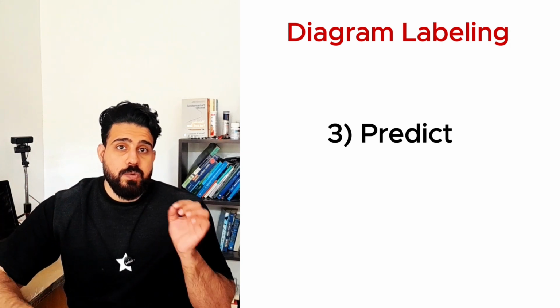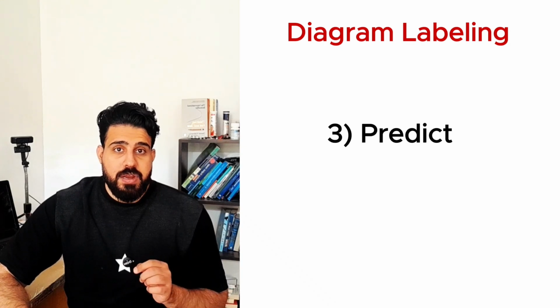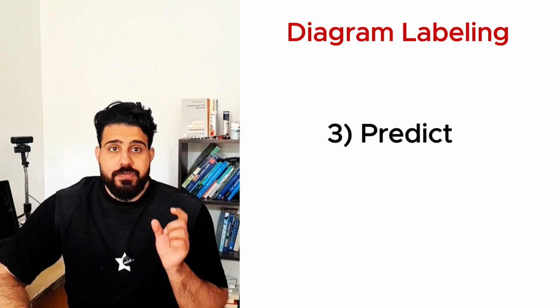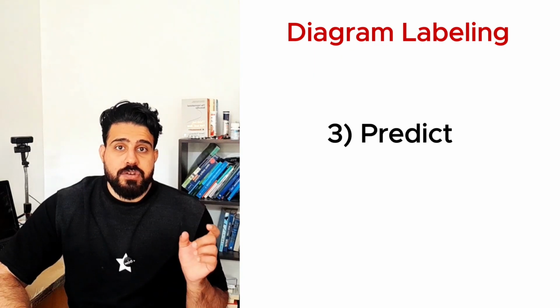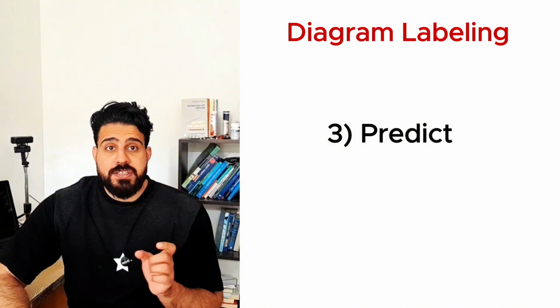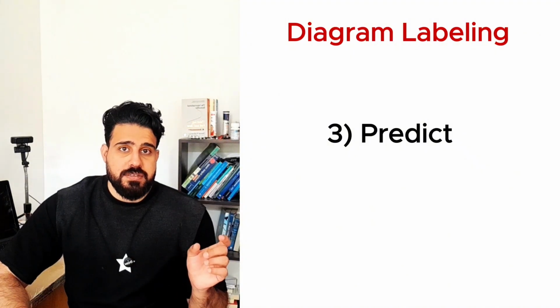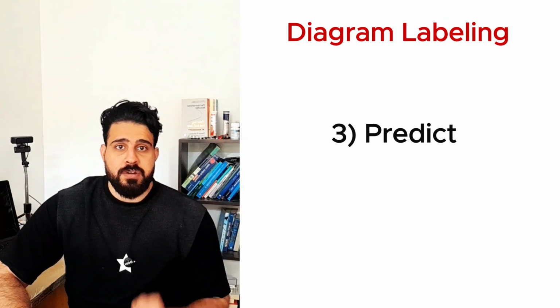Try to guess where in the text each label might come from. For example, if one blank is near the entrance of a dam, then your answer is probably in the part of the passage that talks about the dam's entrance. Do that for all the blanks. Predict before you search. It saves you a ton of time.